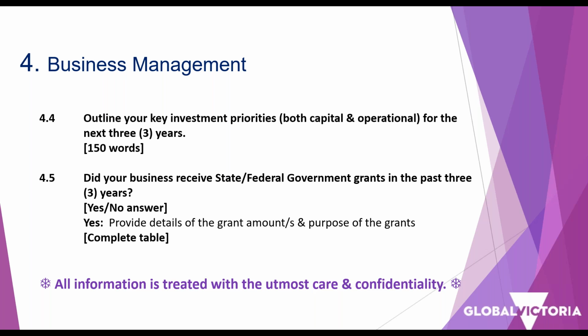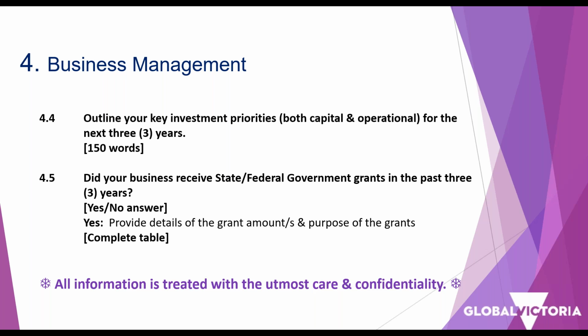So what are we looking for here? Things like capital equipment purchases to expand your product line, packaging investments that you're making, investments in new staff, for example. So capital and or operational investments for the next 3 years, what are your priorities?